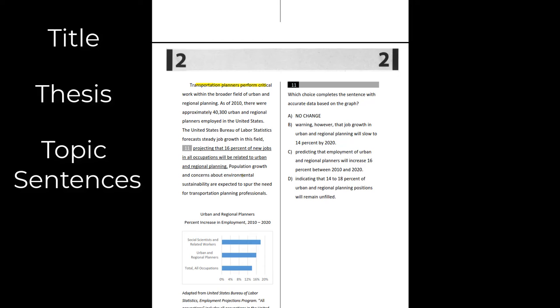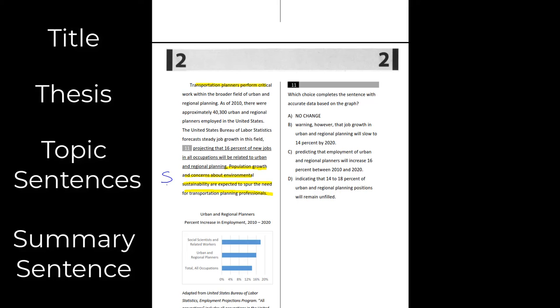And one last but absolutely not least, the final sentence of the passage very, very often is what I call a summary sentence that summarizes the main idea of the passage. It's basically the thesis repeated again. So it's talking about population growth and concerns about environmental sustainability is going to make transportation planners even more important in the future. So this career is on the rise.